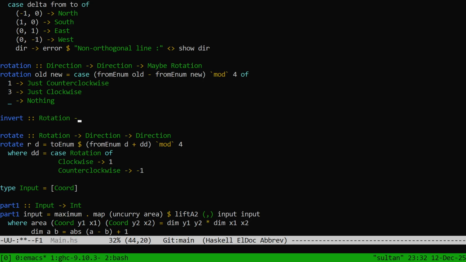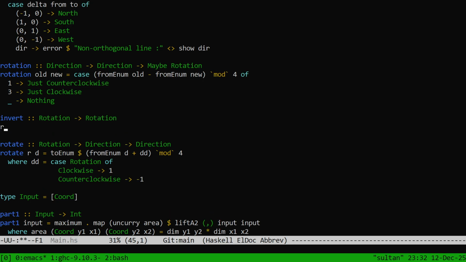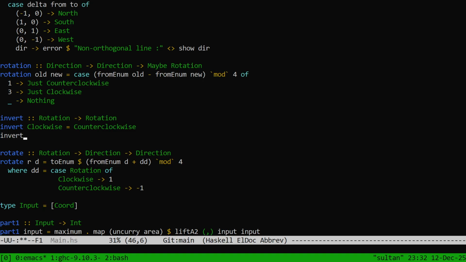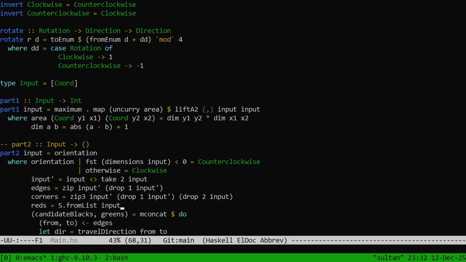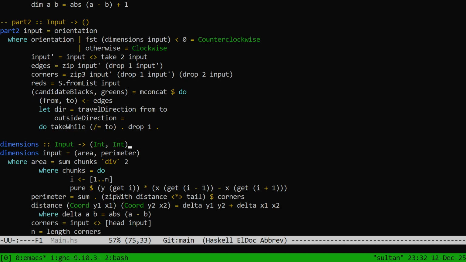Invert. Simple enough. Invert orientation.